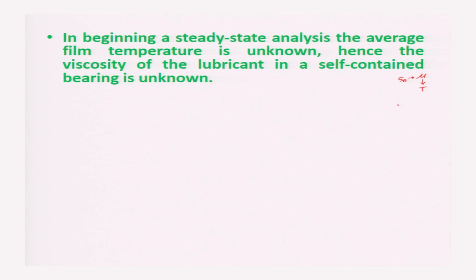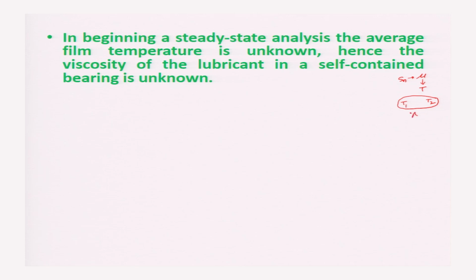We have inlet temperature of the lubricant and the outlet temperature of the lubricant in the case of the previously studied bearing where there was a sump. But for this self-contained bearing, that is not known to us, because the lubricant is inside the bearing, it is not coming in and going out, and so the average temperature of the lubricant is not known.